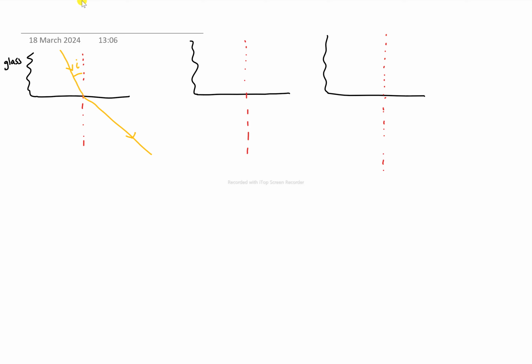And then you've got a weak reflected ray. Reflected ray. So this is the angle of reflection. Right.